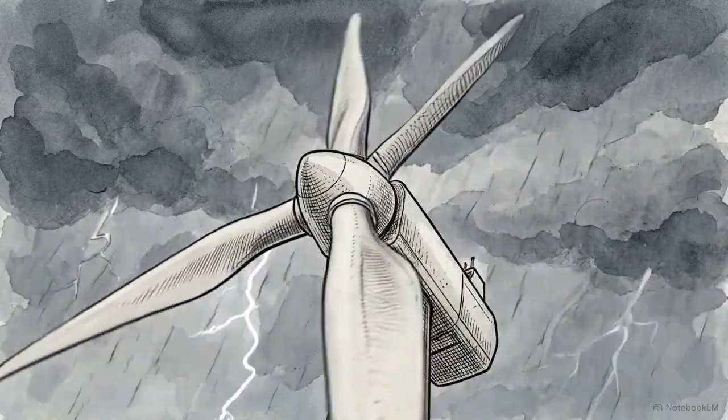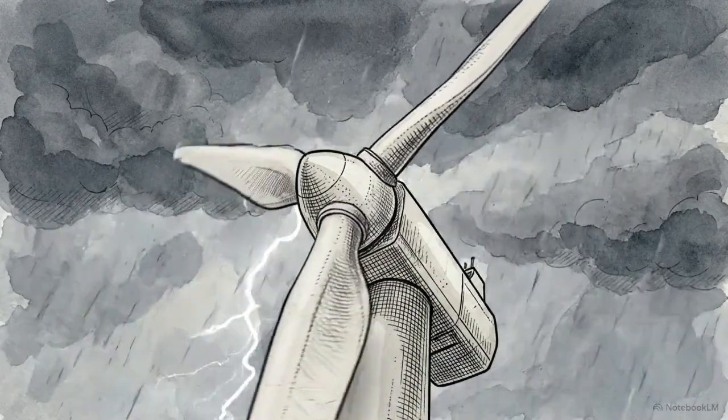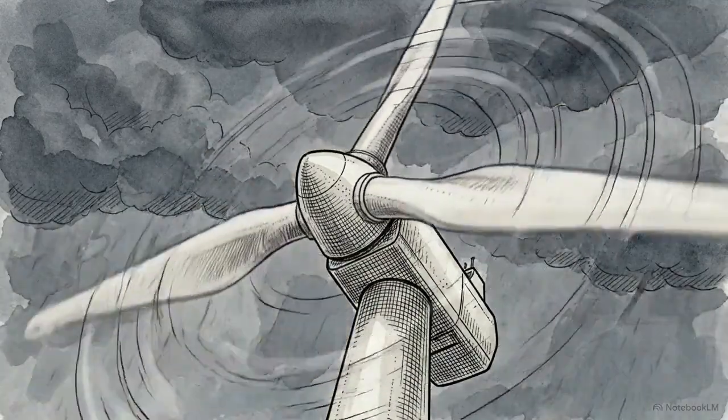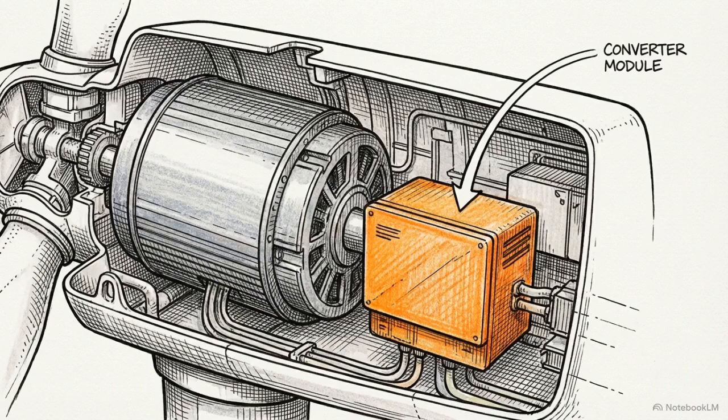Modern utility-scale wind turbines, typically in the 1.5 to 3.6 megawatt class, must operate reliably under highly variable wind conditions. The electrical system manages this multi-megawatt output using a power converter rated for only 30% of the generator's total capacity.